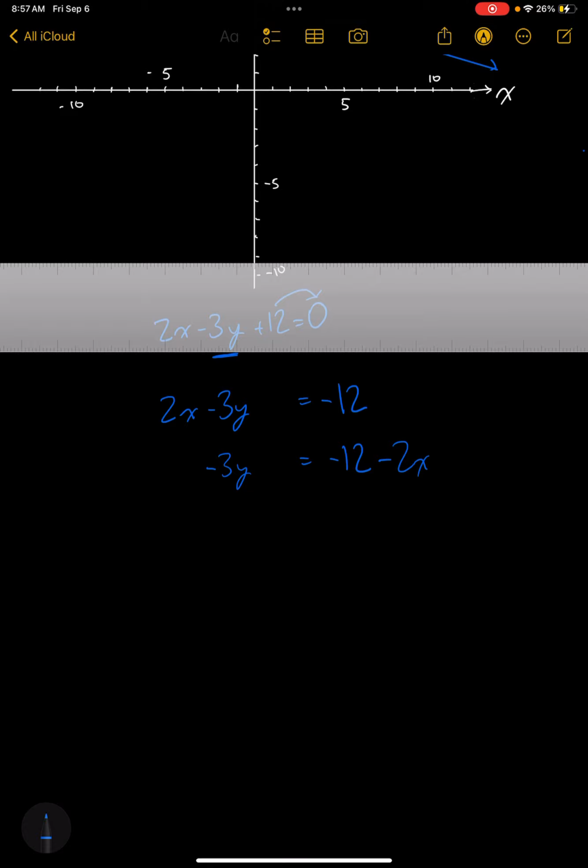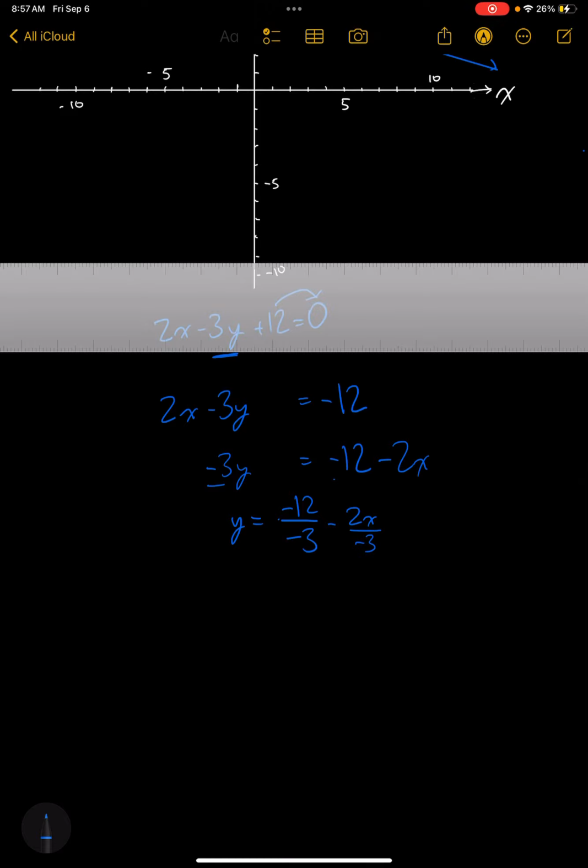And now y equals, we have to get rid of this negative 3. Now it's multiplying y, so we divide by negative 3. So we divide both terms. We're going to divide both of them by negative 3. So we say minus 12 over negative 3 minus 2x over negative 3.